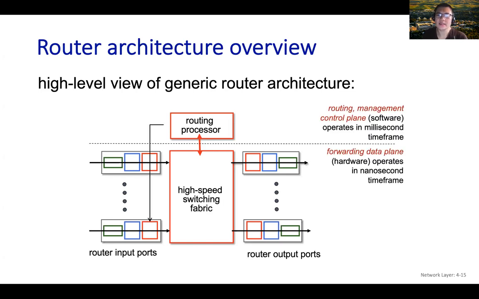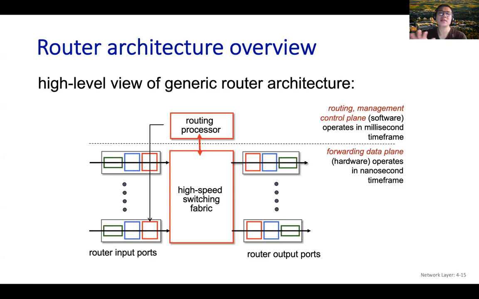Here is another thing. We just mentioned routing corresponds to the control plane and forwarding corresponds to the data plane, and they also map to different software and hardware layers. For example, routing management in the control plane is mostly a software layer, because as I mentioned, you can use a remote server to control the routing algorithm.